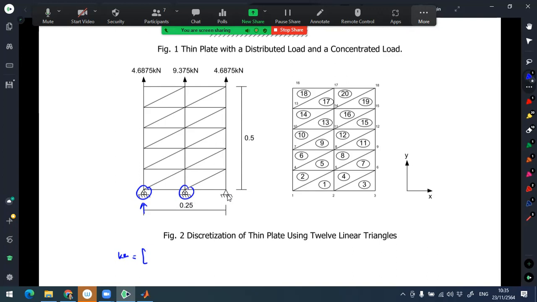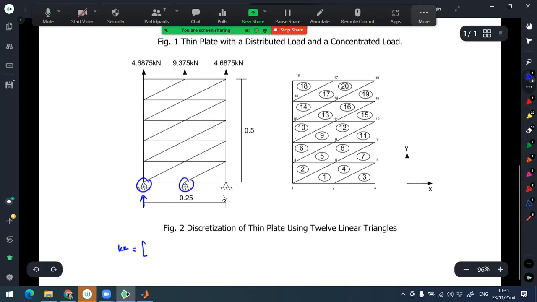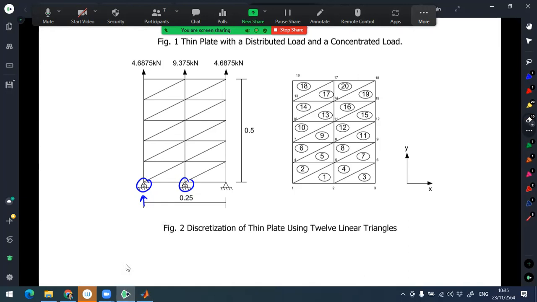And then for the stiffness after you have the global one, you may use this command. I will show you this. Just change a little bit.